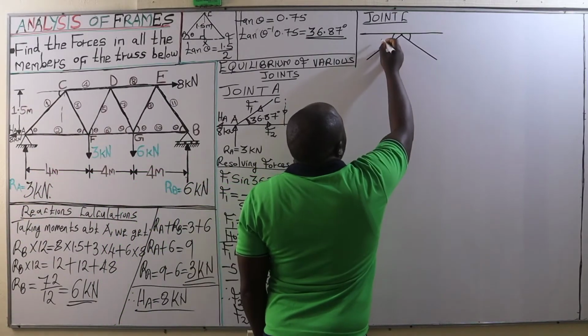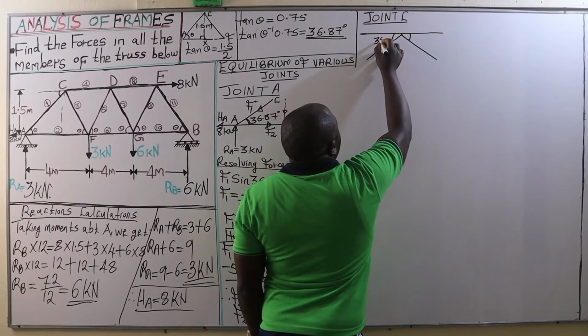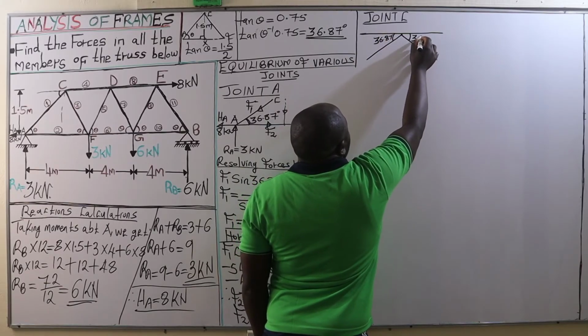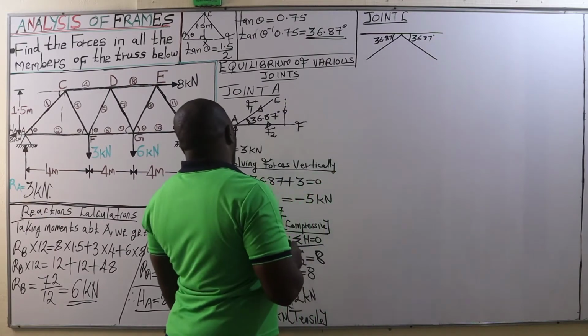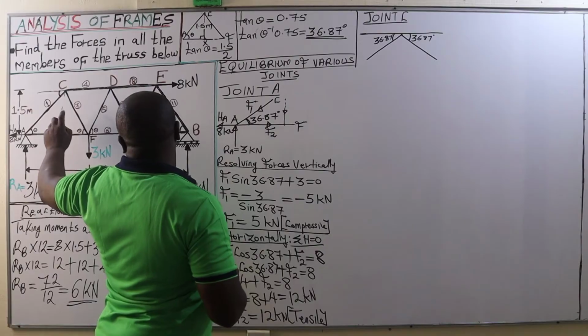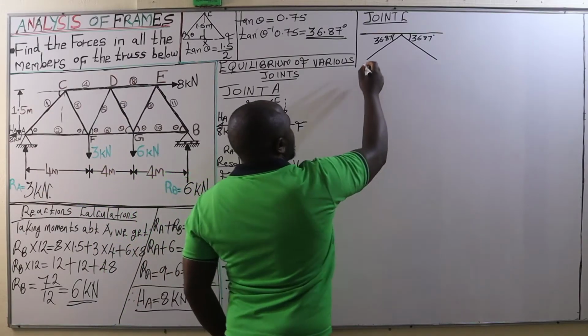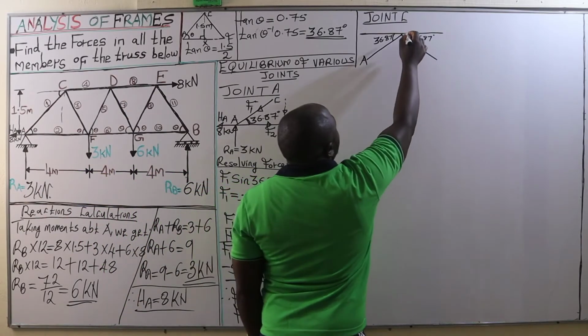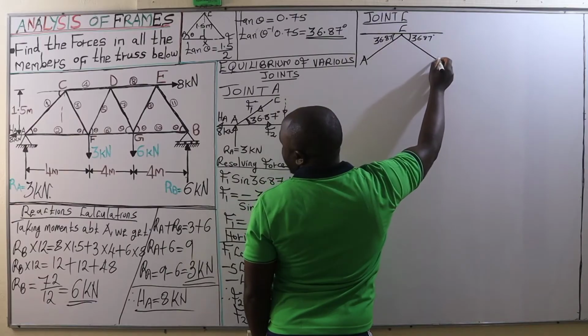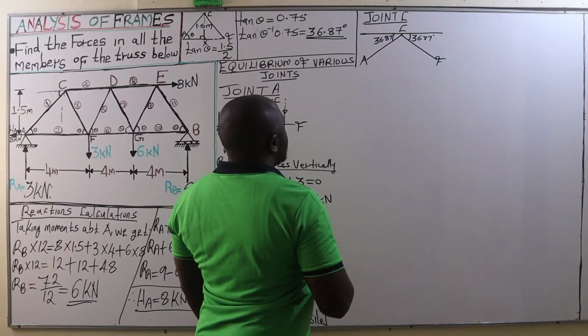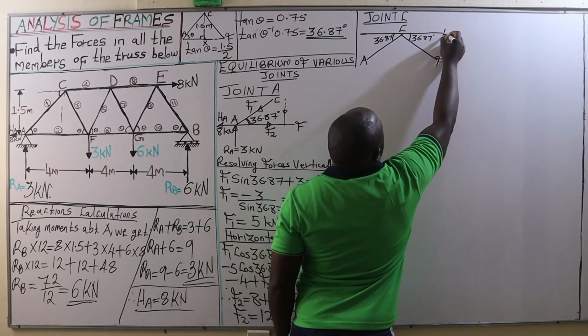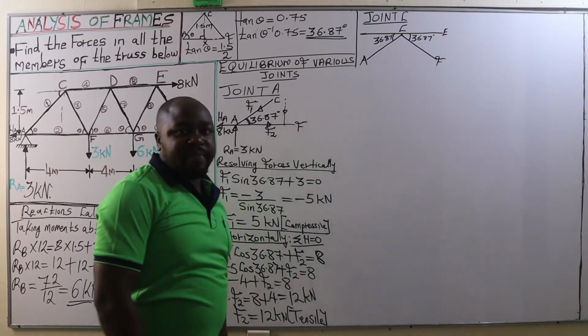So it means that this angle is also 36.87 degrees, as well as this angle 36.87 degrees. We have joint A, this is joint C, this is joint F, this is joint E.